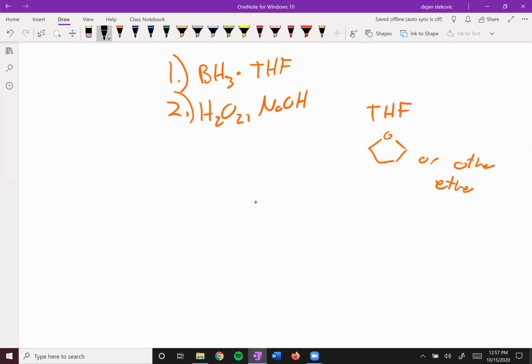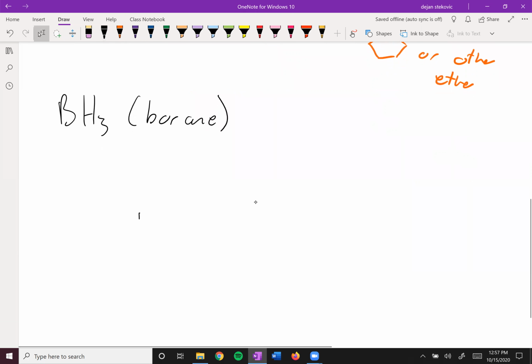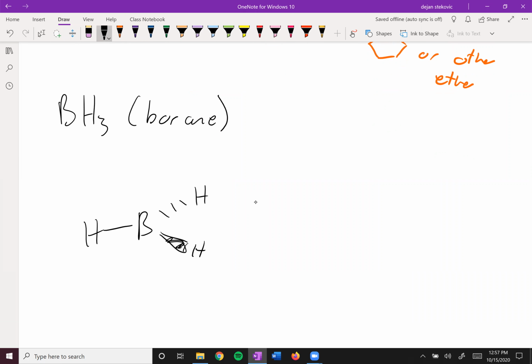And the first thing we're going to take a look at is the borane. So the BH3 again stands for borane. If you think about borane, it's a planar molecule, right? Trigonal planar. And it doesn't have 8 valence electrons, right? It has this empty p orbital.